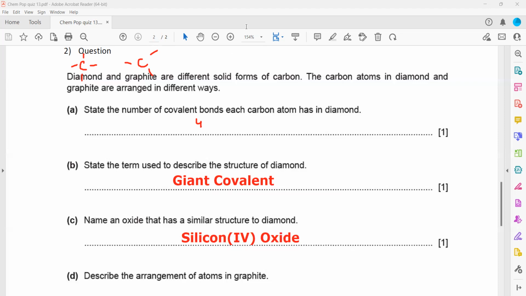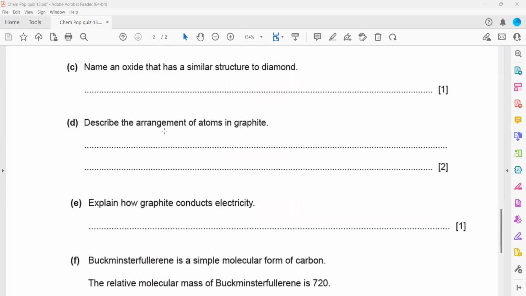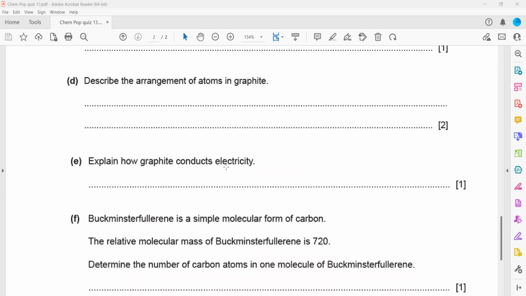Describe the arrangement of atoms in graphite, part D, and it's 2 marks. So how do you score the marks? For one mark, you mention a hexagonal ring of carbon, and for the second mark, that it has a layer structure.